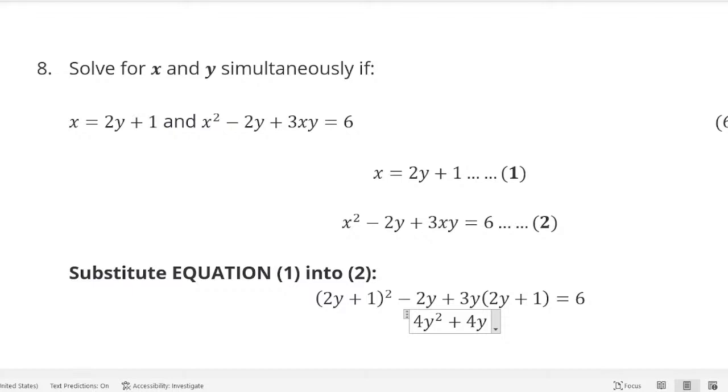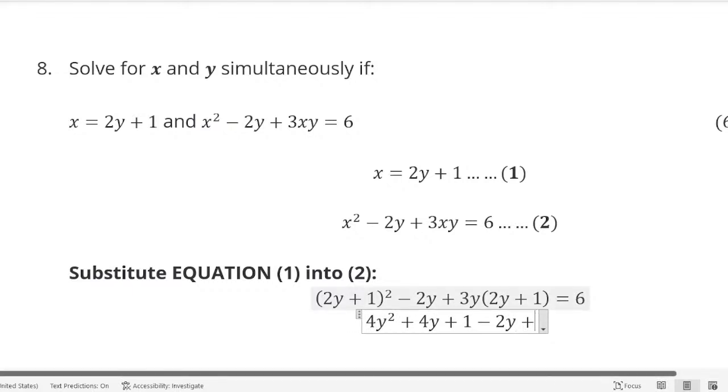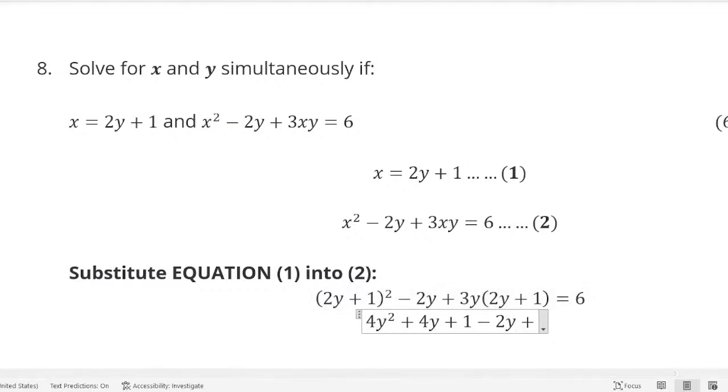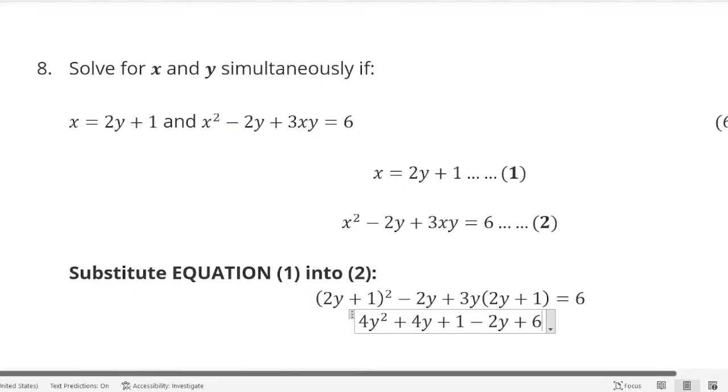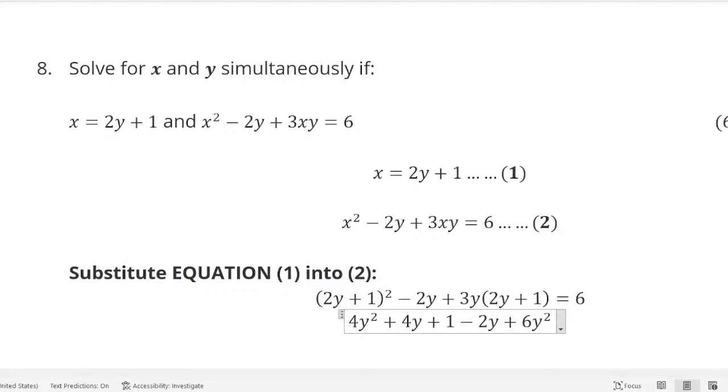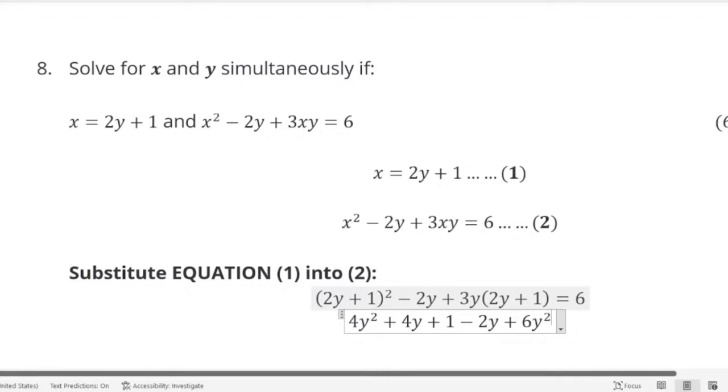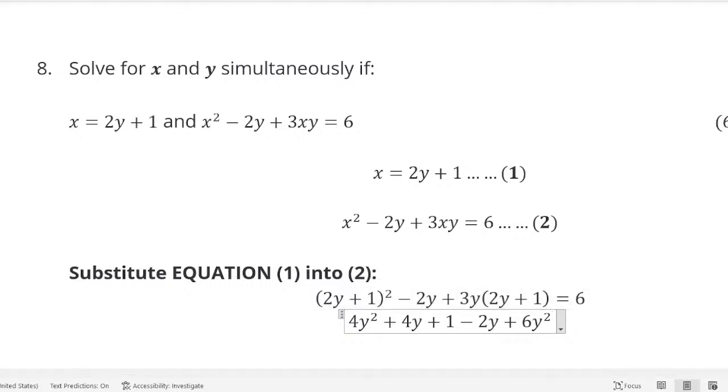Then 1 times 1 is 1. Then minus 2y, then plus 3y multiplied by 2y is 6y squared. Then 3y multiplied by 1, it's plus 3y, then is equal to 6.